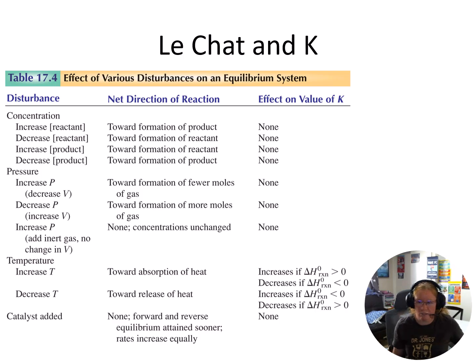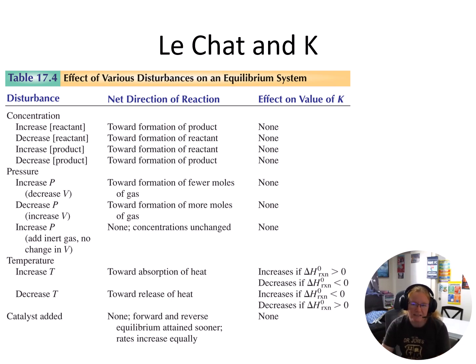And so when we look at K, most things as I perturb my system aren't going to affect the value of K. So if I increase or decrease any component, all that's going to happen is my system's going to shift for that particular component, and it's not going to change K. If I mess with the pressure or the volume, where I have gases, still not going to affect K. All it's going to happen is I'm just going to shift to adjust for my system.